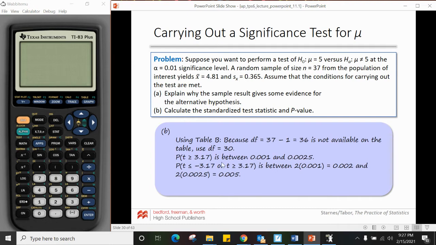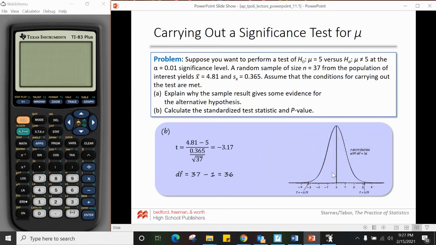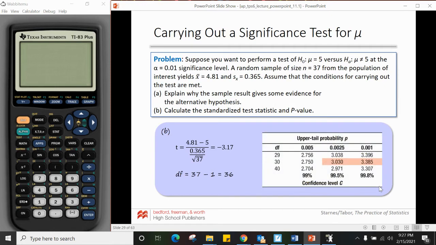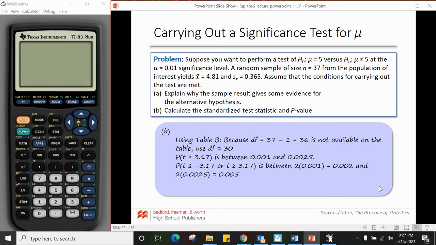So t of 3.17 is between 0.01 and 0.0025. And since we are doing a two-tailed test, since it could be either shade to the left or shade to the right of the positive value, we have to double this probability. So we're really between 0.002 and 0.005.